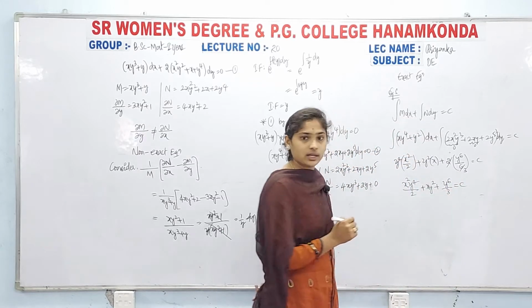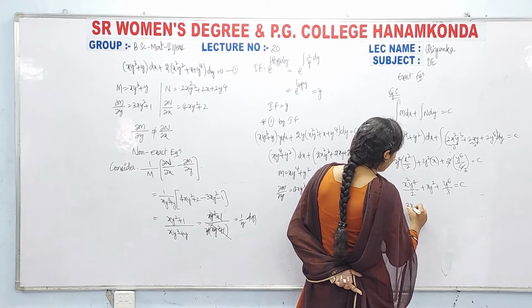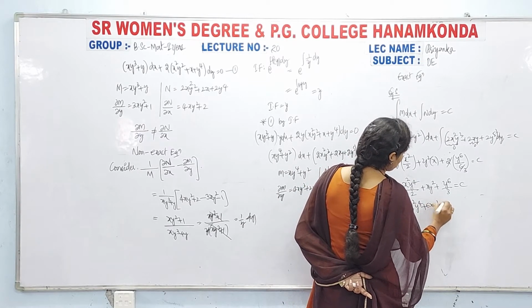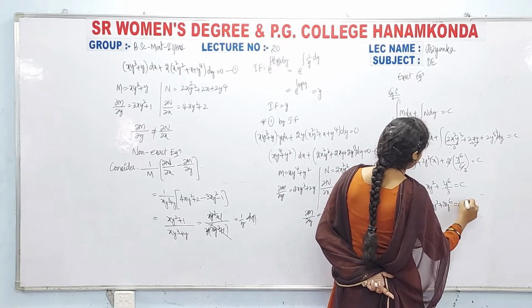Now x^2y^4/2 plus xy^2 plus y^6/3 is equal to c. Now I am taking the LCM, which is 6. We get 3x^2y^4 + 6xy^2 + 2y^6 is equal to c.